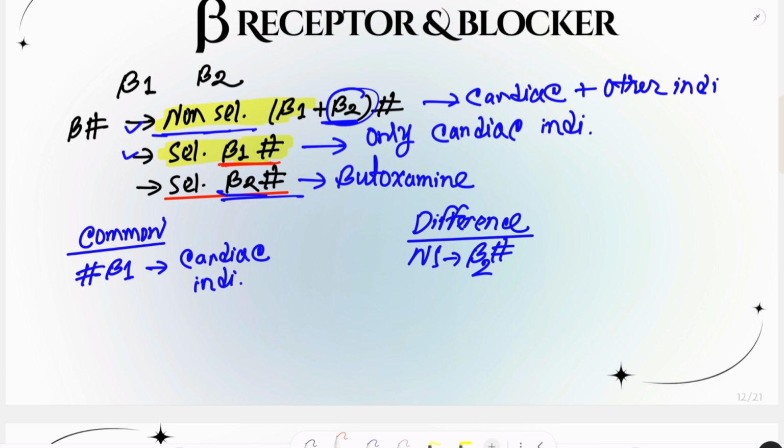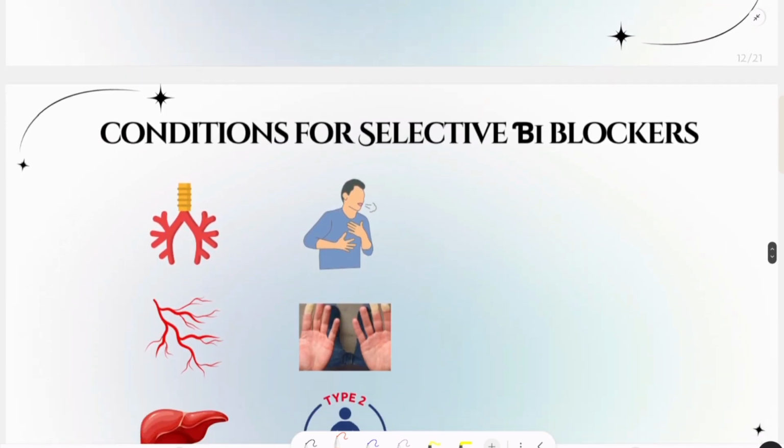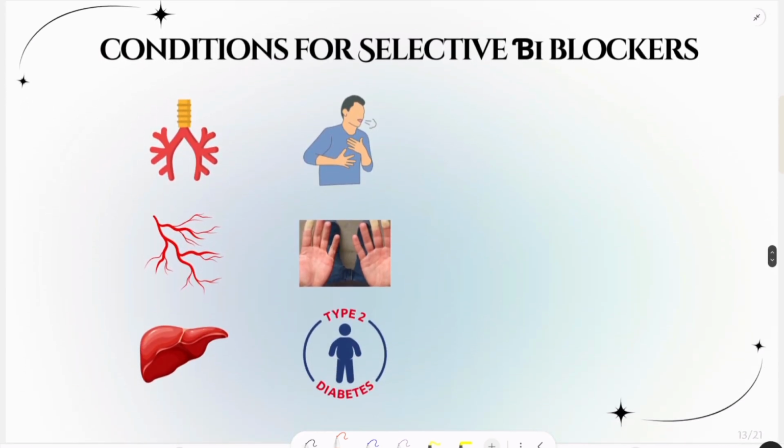For that we need to revise where the beta 2 receptor is located. The location of beta 2 receptor is on bronchus, blood vessel and liver. In bronchus, if the beta 2 receptor is stimulated, that will lead to bronchodilation.